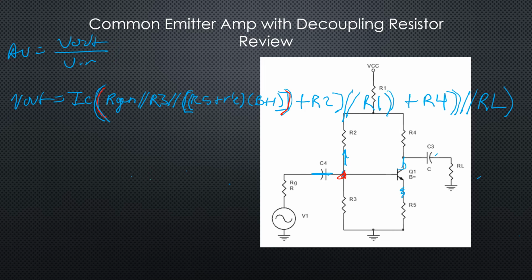Now our V in, we're trying to find, we're going to try to use IB. So we're trying to find an equivalent resistance that's sitting right here. So we're going to add R5 to R'(E) and bring that across the beta barrier and multiply that by IB.